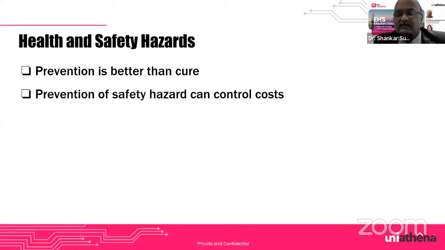So it's always good to have concern for others, and of course you need to take care of yourself first. So prevention of safety hazards can control costs, obviously. If you're already taking care of the hazards and the prevention controls are in place, the hazard can be very much controlled, leading to fewer instances and obviously to lower costs.